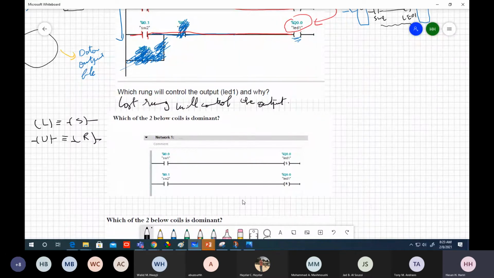But it's the same. So here, which of the two below coils is dominant? They have the same address, LED1 and LED1, and you have two switches.